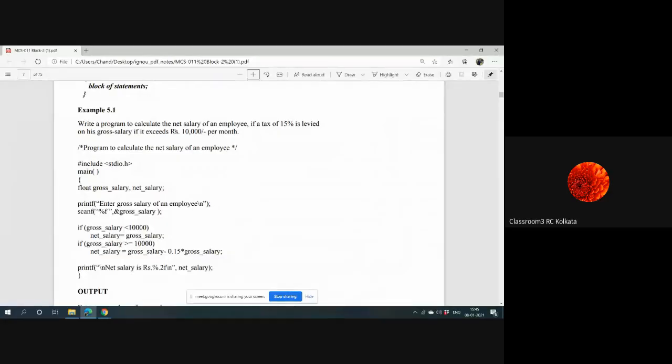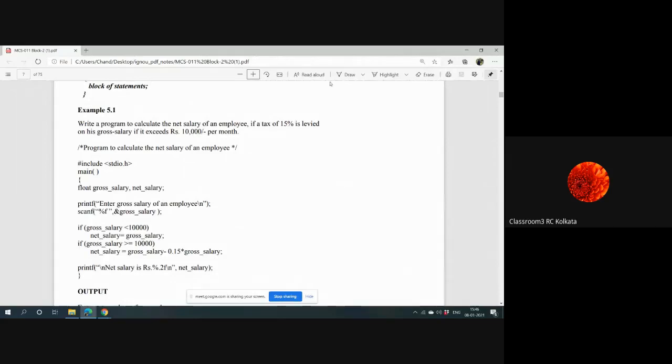Suppose your current salary is 10,000 per month, then you will have no tax deduction. But if your salary is greater than 10,000 rupees, then you will have a direct 15% deduction, and then you have to calculate the final salary, that is the net salary, which you take home.